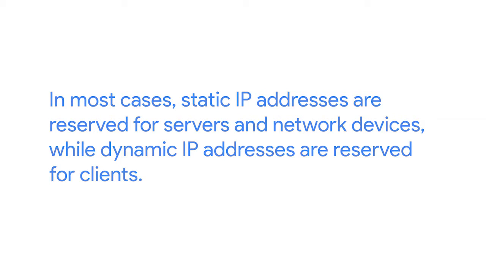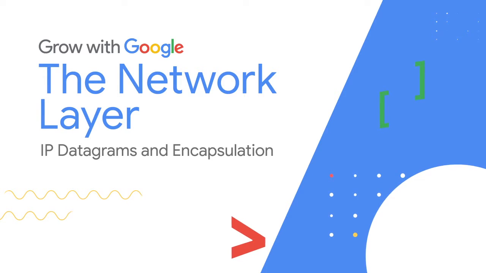The opposite of this is known as a static IP address, which must be configured on a node manually. In most cases, static IP addresses are reserved for servers and network devices, while dynamic IP addresses are reserved for clients. But there are certainly situations where this might not be true.